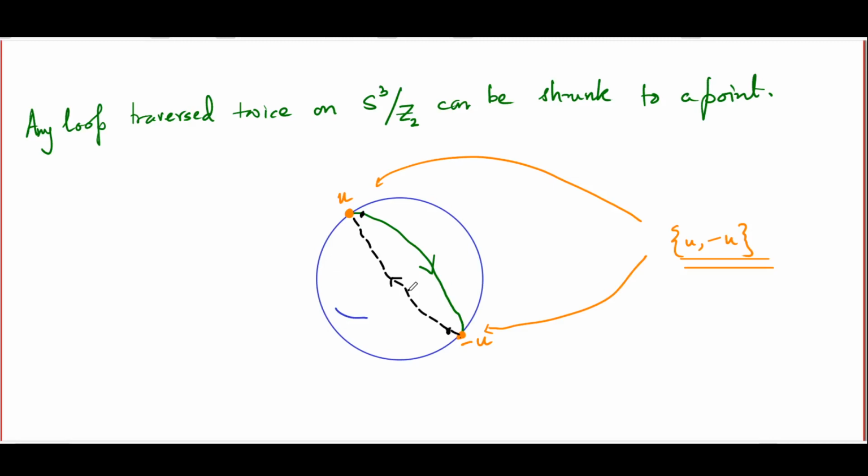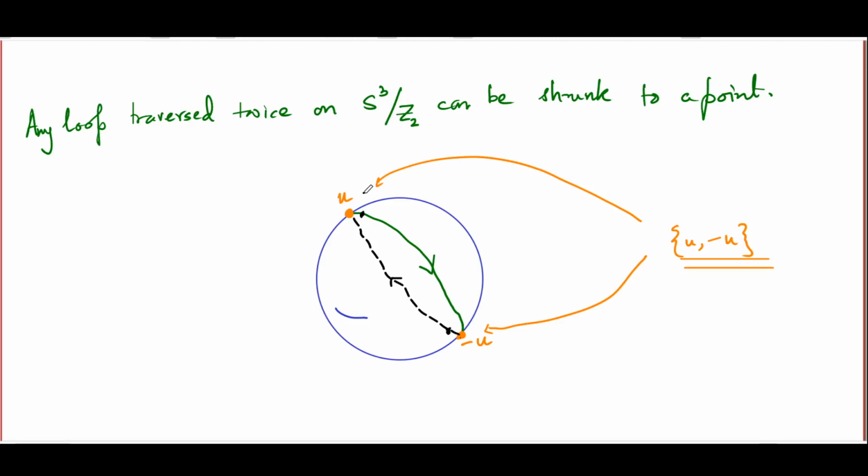So now you can think of traversing the original green loop twice as simply taking the green curve and then going back along the black curve. I say going back, but it's really not going back on S2 by Z2. But on S2, it is going back, in the sense that on S2, the green and the black together give you a loop.